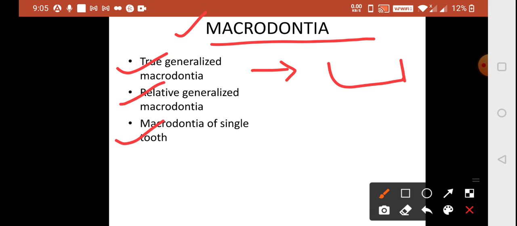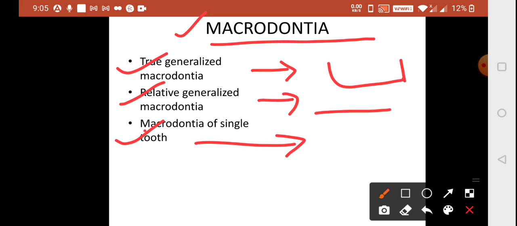Generally not much question has been asked on it. Then there is relative generalized macrodontia, where the tooth size is normal or slightly larger than normal, but the jaw size is smaller, so it gives an illusion that the teeth are bigger. That is known as relative generalized macrodontia. Macrodontia of a single tooth is very rarely seen, so this kind of etiology is found very little.